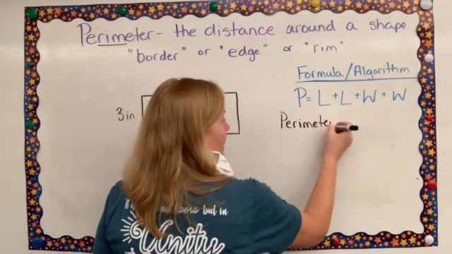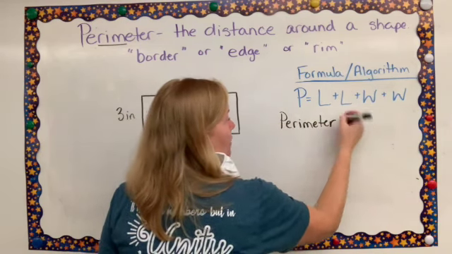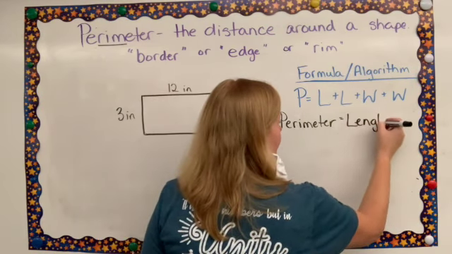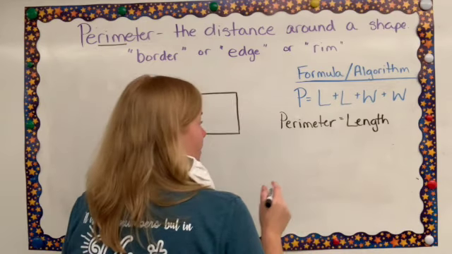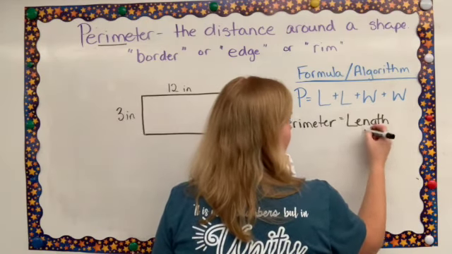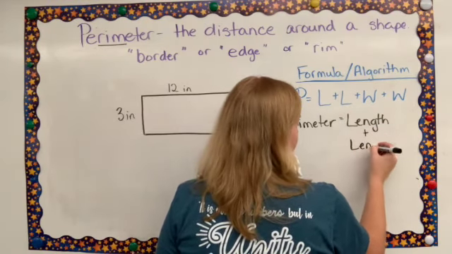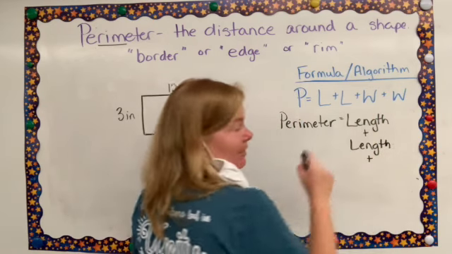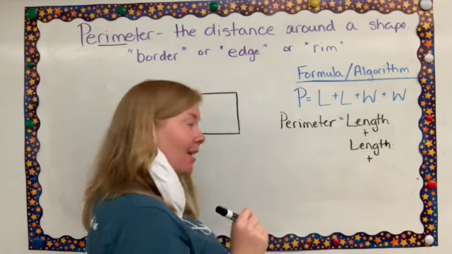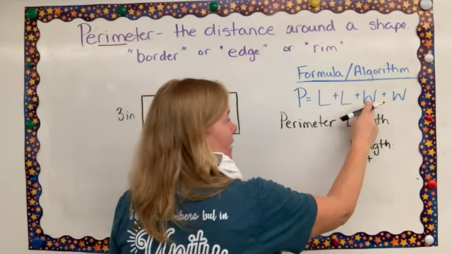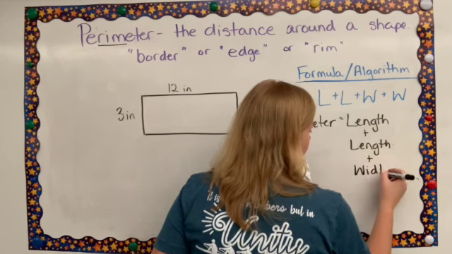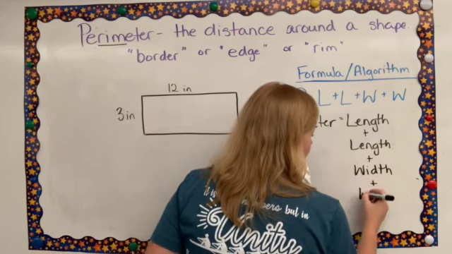Perimeter, capital P, equals the L stands for length. So length plus another length plus, what do you think that W stands for? Yeah, if the L stands for length, then the W is going to stand for width plus width.